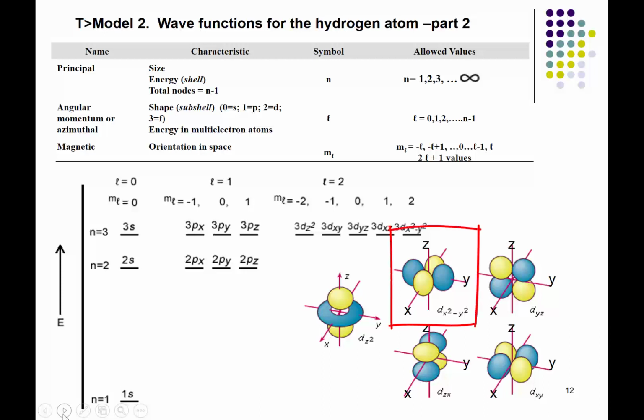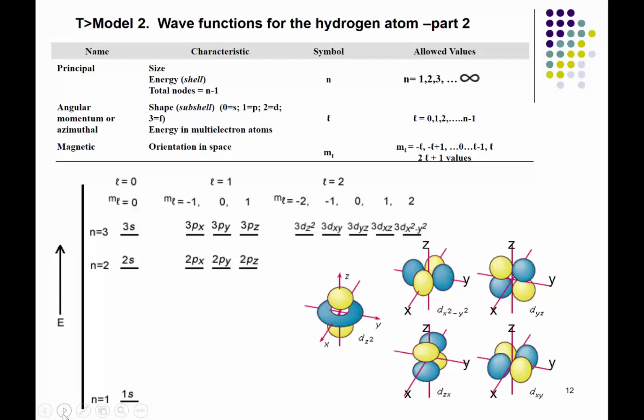And then lastly, I want to point out the dx squared minus y squared and the dz squared. In those cases, when the name of the orbital has the square in it, you can see that in fact our boundary surface diagrams are sitting right on the axes.